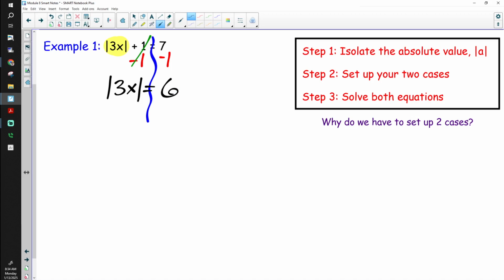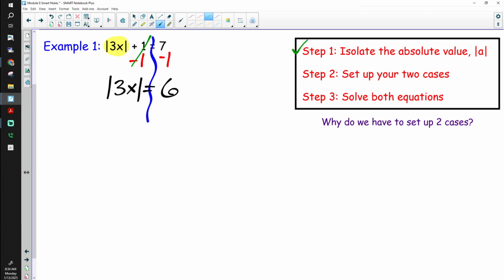And now my absolute value is isolated. It's all by itself. So step 1, done. Now here's where things get a little bit different. This is the one new piece of information that's super important.